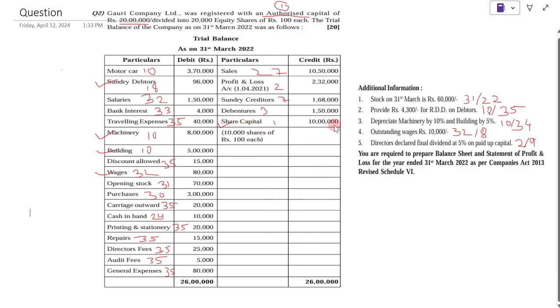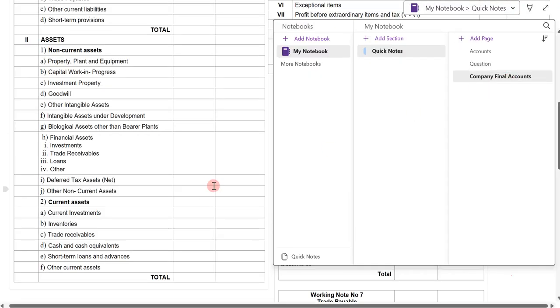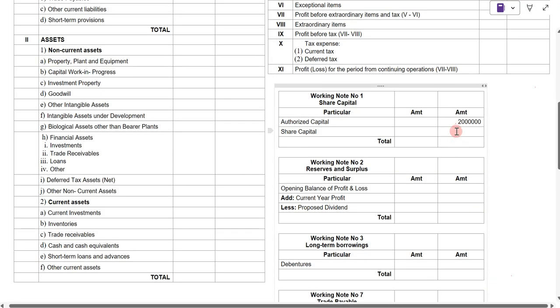Share capital is how much? 10 lakh. 10 lakh is the share capital of 10,000 equity shares of 100 each. So 10,000 into 100, 10 lakhs.